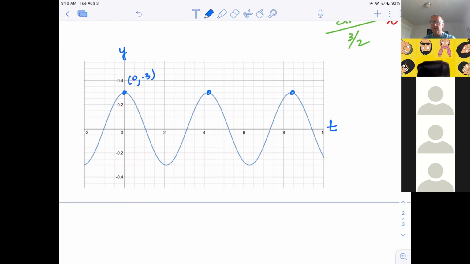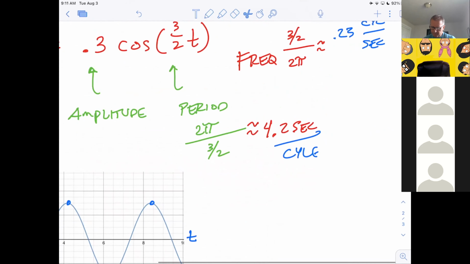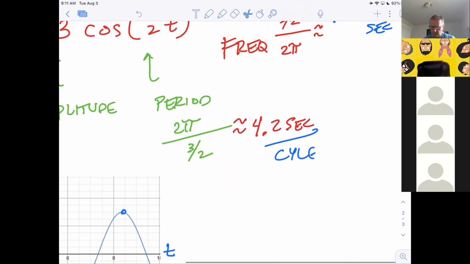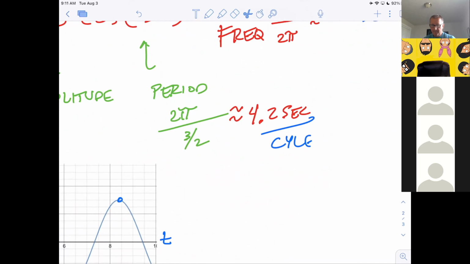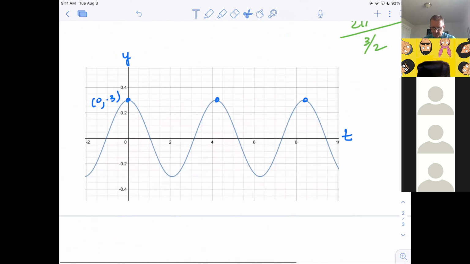But what else do you notice about this that fits what we just did? Come on. Here's a hint: the period is 4.2, like it should be. Is the period 4.2?